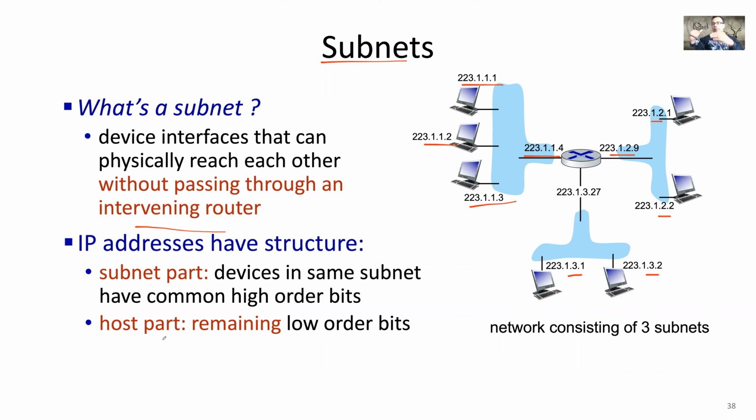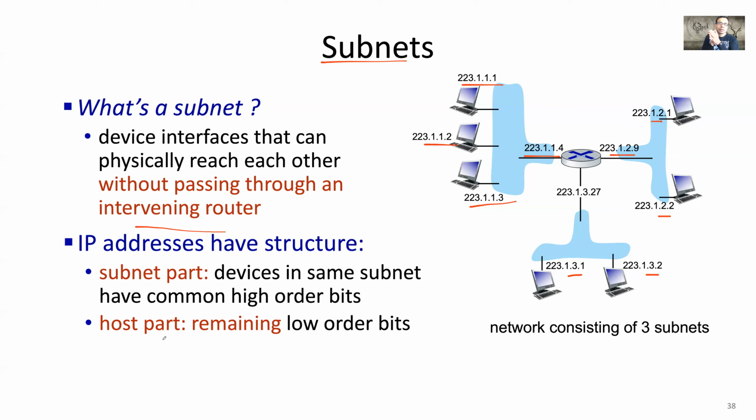So effectively the IP address is just like your postal address, right? When you write a postal address, you have the number, the street name, the suburb, the state, and then the zip code, or PIN code. Similarly, IP addresses also have a structure.